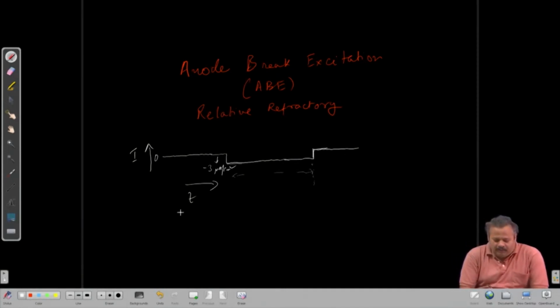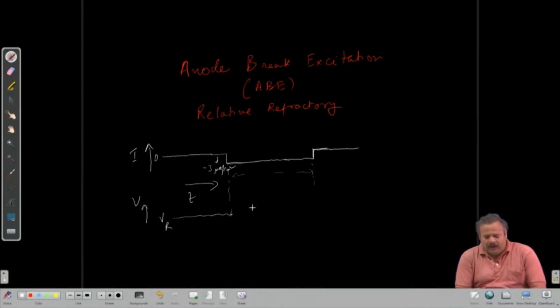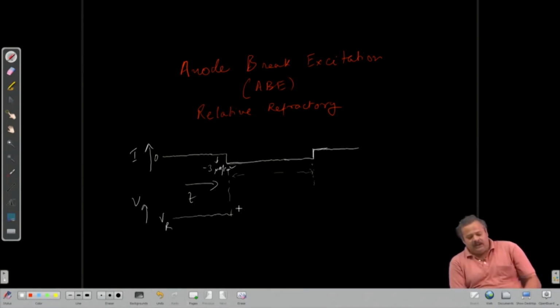The corresponding voltage that we are measuring, at the 0 current level, is supposed to be at V rest. This is the voltage now, and because of the negative current, we are effectively injecting negative ions into the neuron.